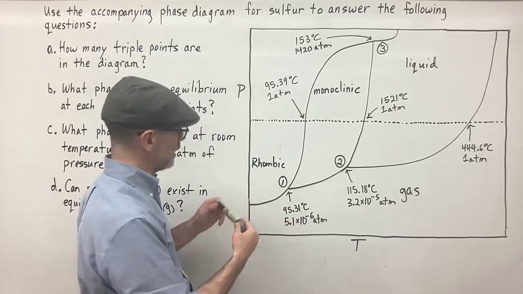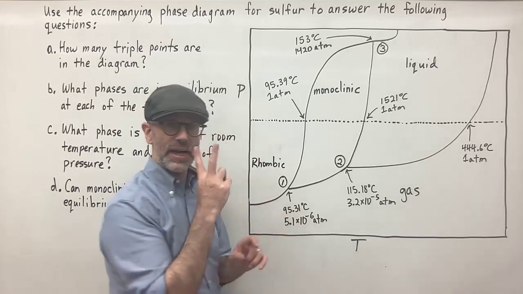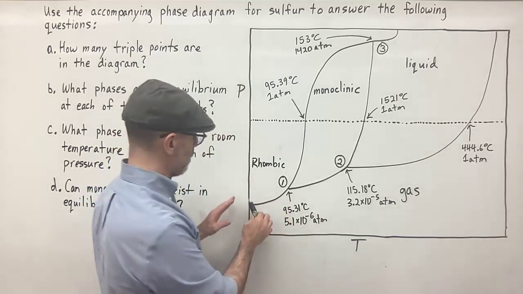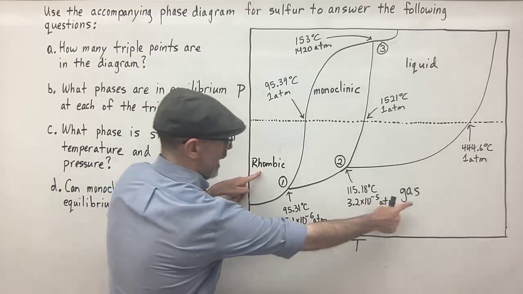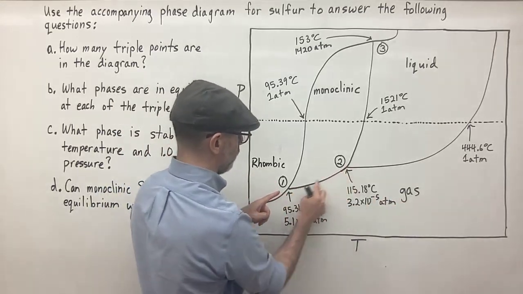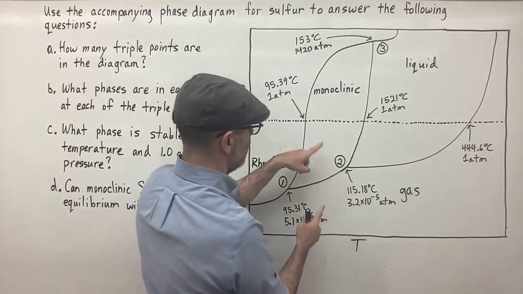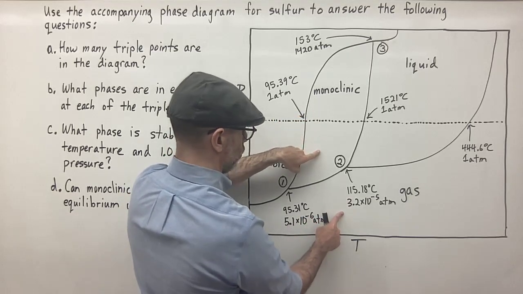So again, going back to the line, we saw that if you're on a line, then you've got two phases in equilibrium. If I'm on this line here, rhombic and gas are in equilibrium. If I'm on this part of the line here, then I've got monoclinic and gas in equilibrium.